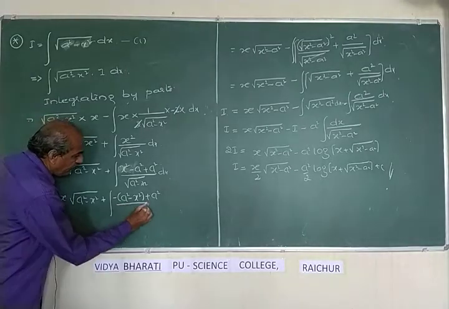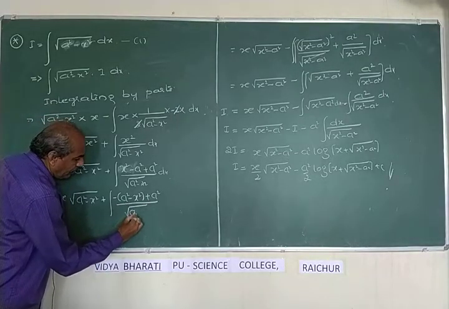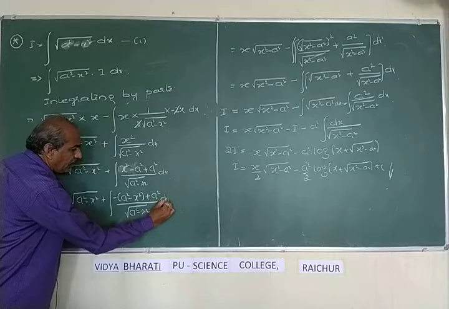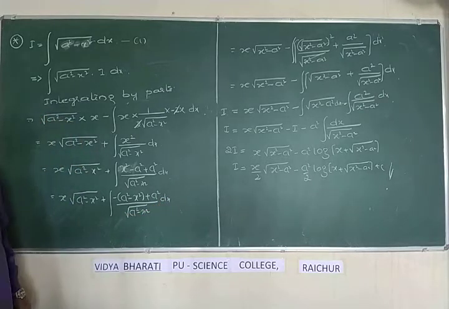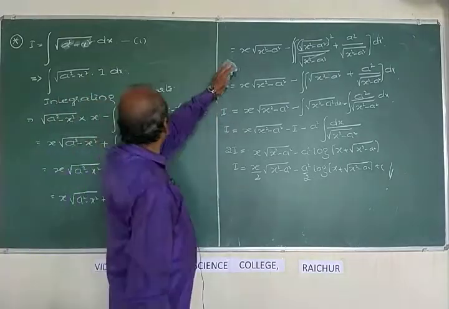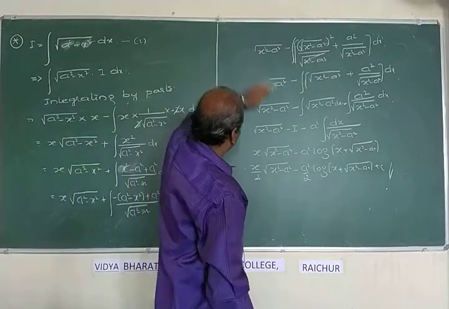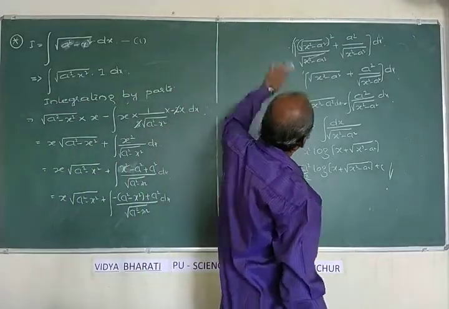By root of a square minus x square into dx. Correct? The next step you see, which is equal to, you simplify.